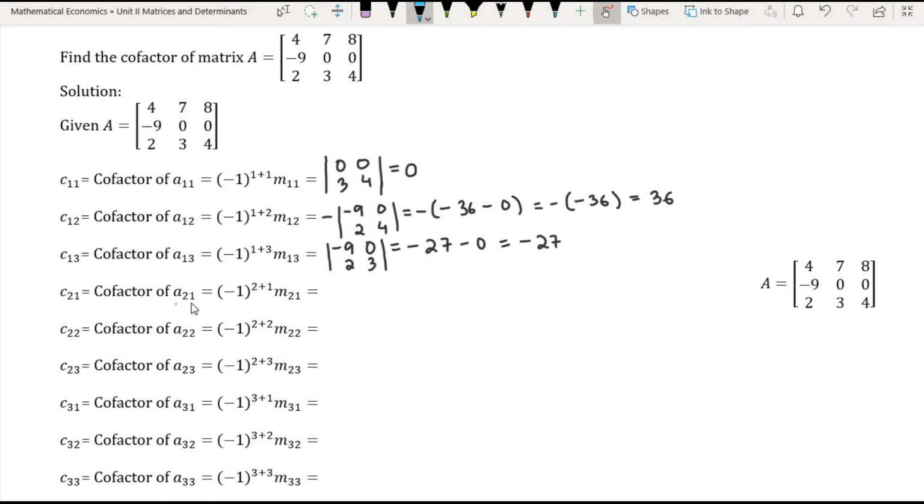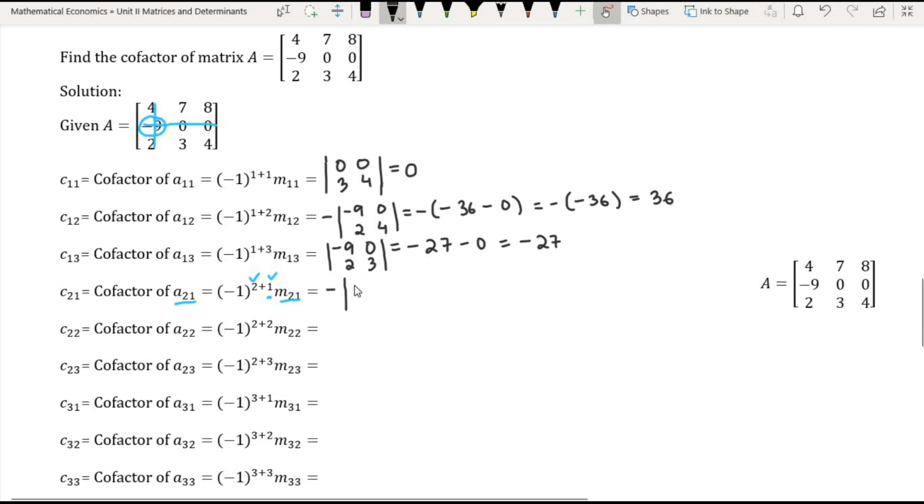The cofactor of the element A21, that is element -9, is equal to -1 to the power 2 plus 1 times its minor M21. Element -9 is present in the second row and first column. Since its sum is equal to an odd number, therefore we have a negative sign. Its minor M21 is obtained by deleting the row and the column in which the element -9 is present.